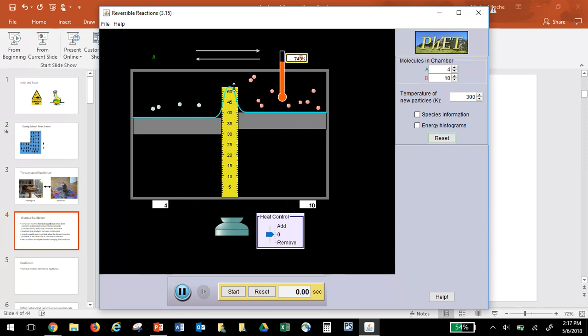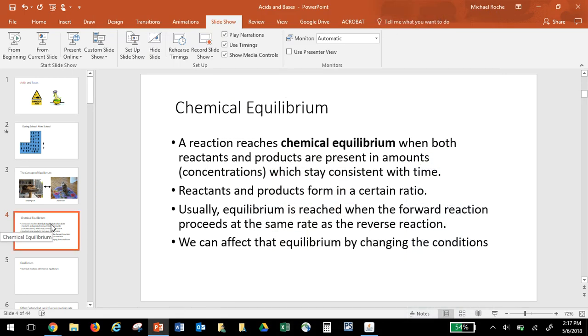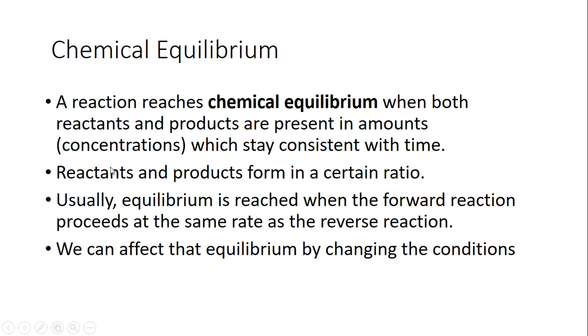And that is what creates this equilibrium of a 50-50 situation. So now that you understand that, we say that equilibrium is reached when the forward reaction and the backwards reaction are happening at the same rate.